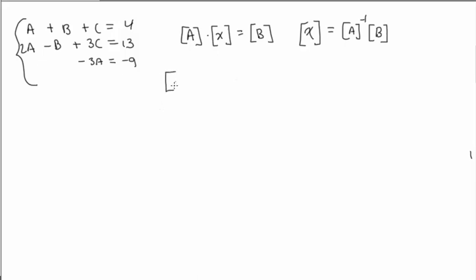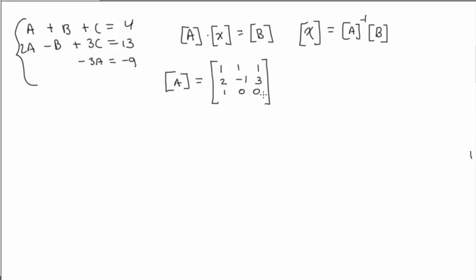Matrix A is going to be our coefficients of the values: 1, 1, 1, 2, -1, 3, and I'm going to again use the 1, 0, 0 instead of the 3, 0, 0. -9, 1, 0, 0, 3.